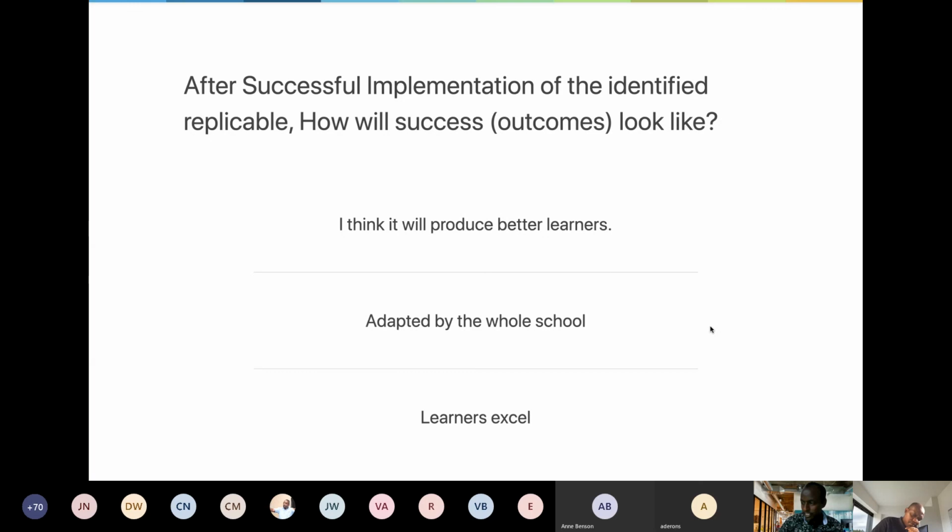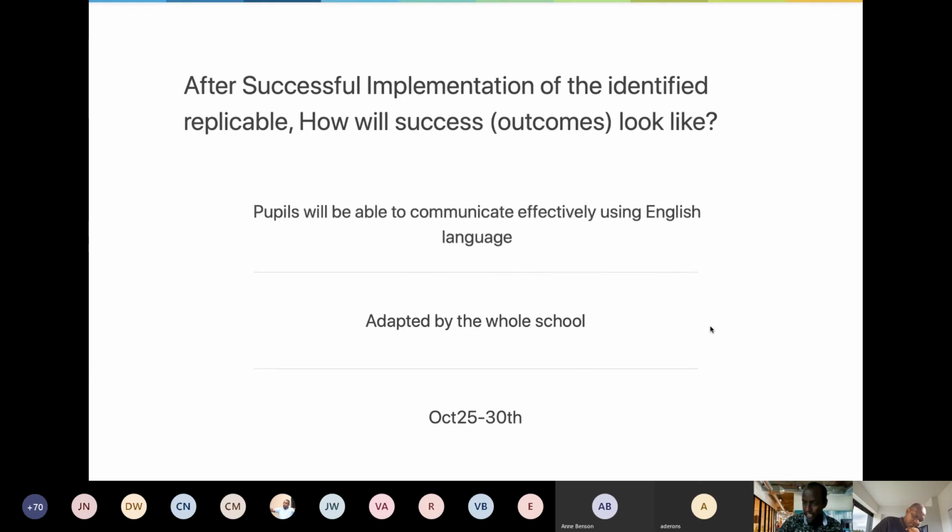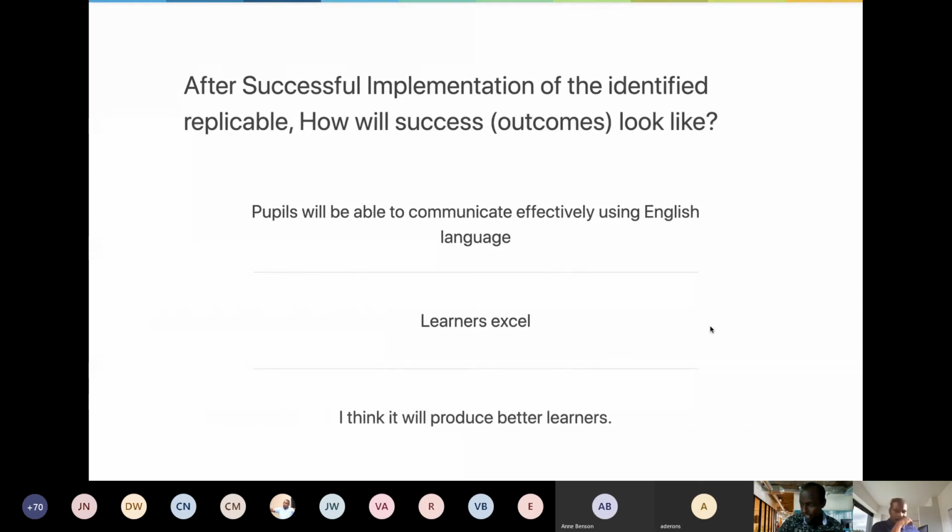So I can see one, pupils will be able to communicate effectively using English language. I like that. Learners excel. You have to be specific. Excel in what or where?